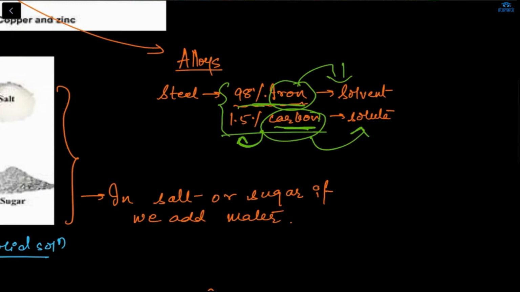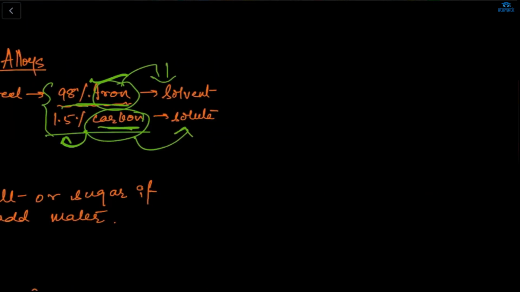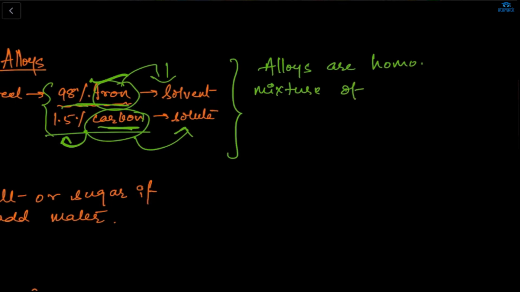That's why this is the example of solid in solid solution. See, here iron is a solid, carbon is also a solid, right? And what are alloys?